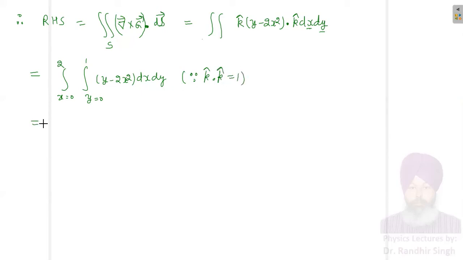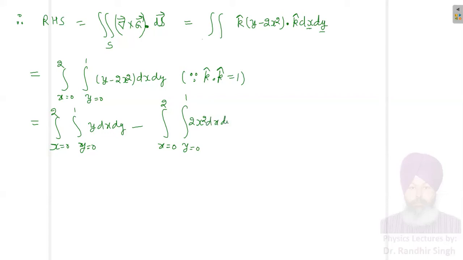So I can now integrate. It will be the integral over x from 0 to 2 and y from 0 to 1 of y dx dy, minus the integral over x from 0 to 2 and y from 0 to 1 of 2x square dx dy, and I can evaluate this.